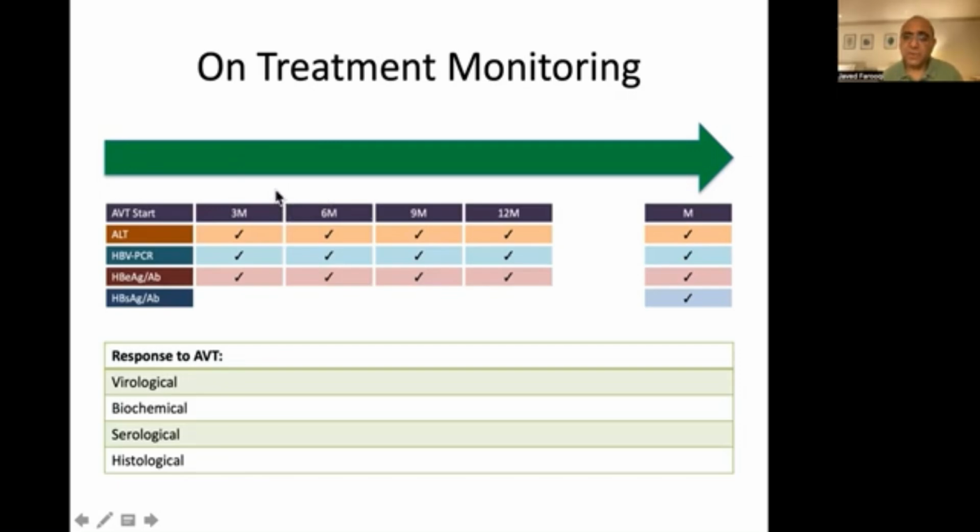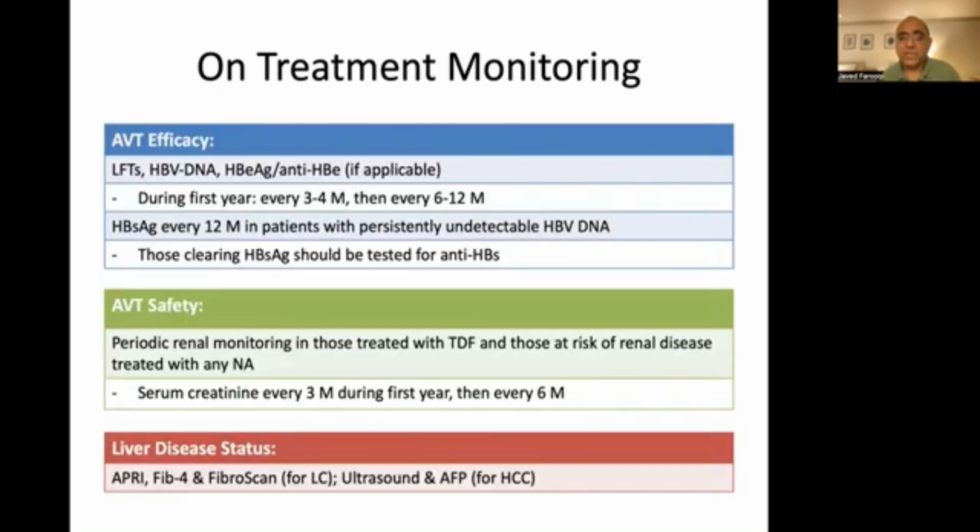The importance is that you don't lose the monitoring, you keep monitoring these patients, as with any hypertensive patient or a diabetic patient who is on treatment, where you do periodic checking of the disease status. The same is here, that we check for the antiviral treatment efficacy, for the antiviral treatment safety, and for the liver disease status.